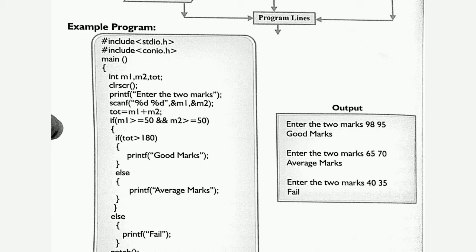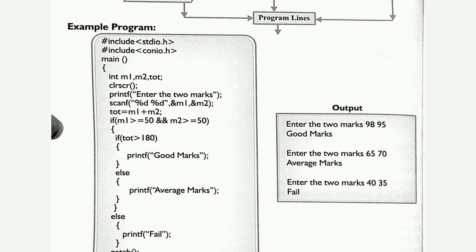Here you can see that another condition is checked after checking this statement: whether total TOT is greater than 180, then good mark is printed.